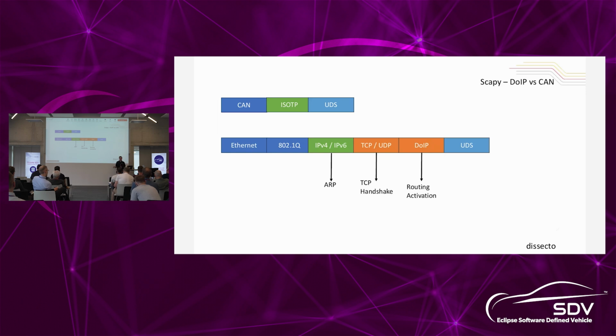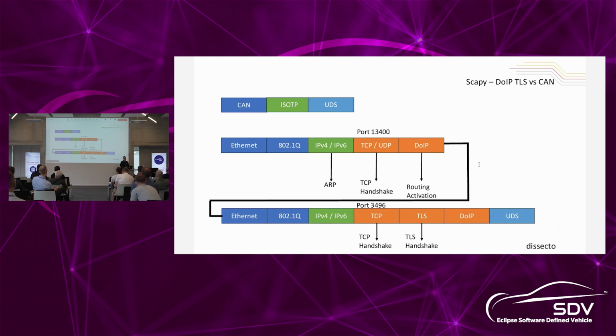Now, this is actually the old standard. Now to the new standard, it gets even more involved. We need to first make a DoIP connection on port 13,400, then close the port again and then open a TLS connection to speak UDS. And yeah, you see the picture gets longer and longer.